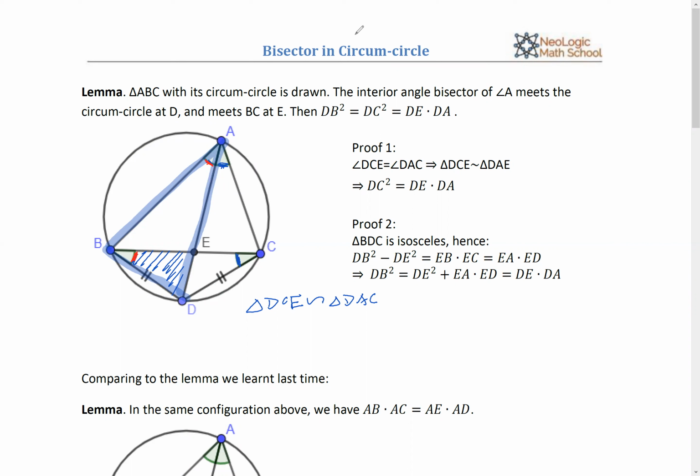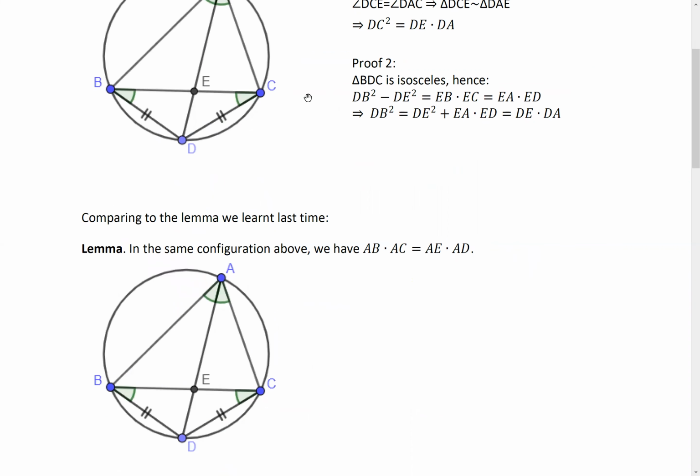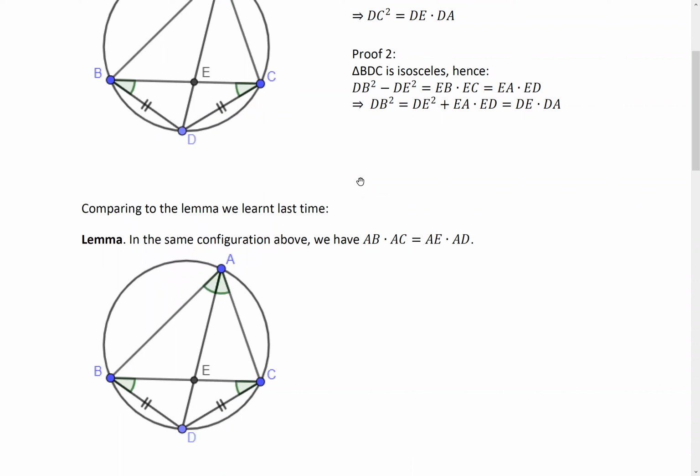So now, here's the thing. Combined with what we have learned last week, right now we have AB times AC equals AE times AD. But we also have DB times DC, which you could write as DB squared, or you can write as DC squared, and this equals DE times DA.